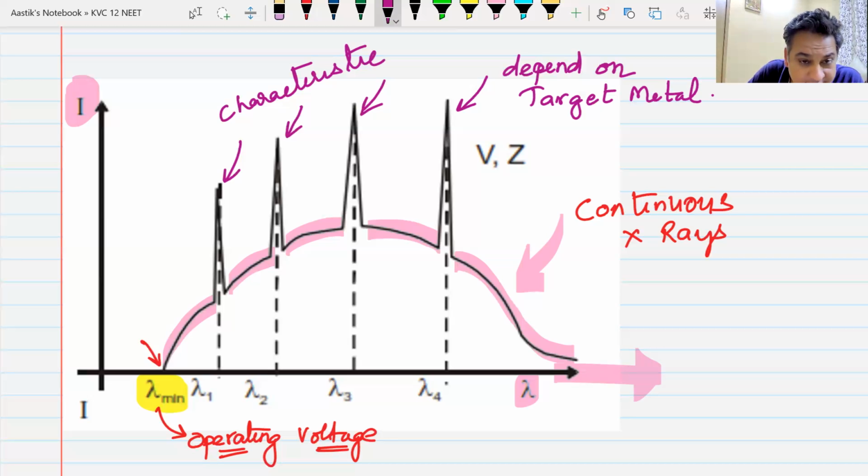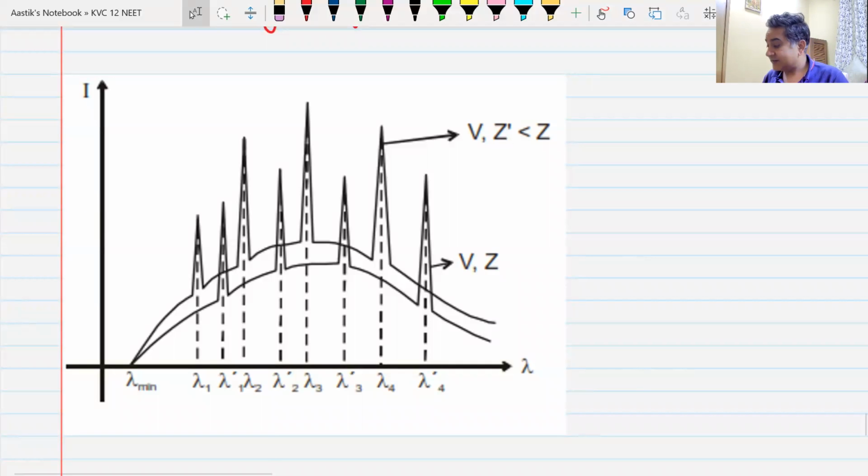Then again a graph, and with this we would finish this class. Again, remember, this is just about your understanding. See, this graph is drawn for two different target metals, but they are operating at the same voltage.